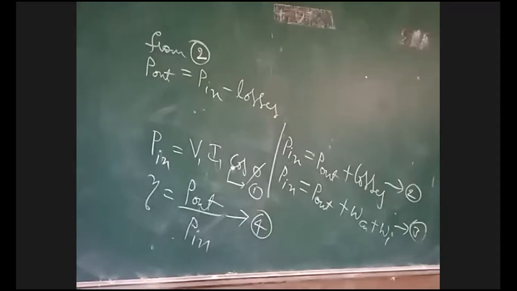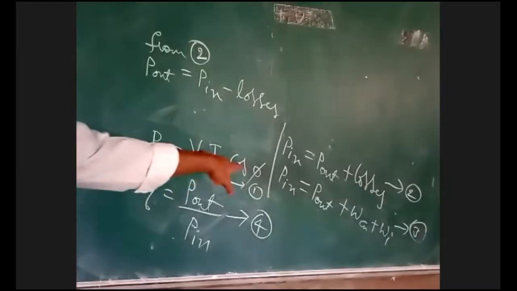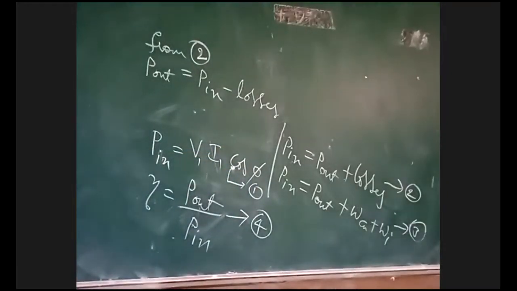Because I know V1, I1 and cos phi. I don't know the output power. I know input power and losses. That's why I'm representing the output power in terms of input power and losses.